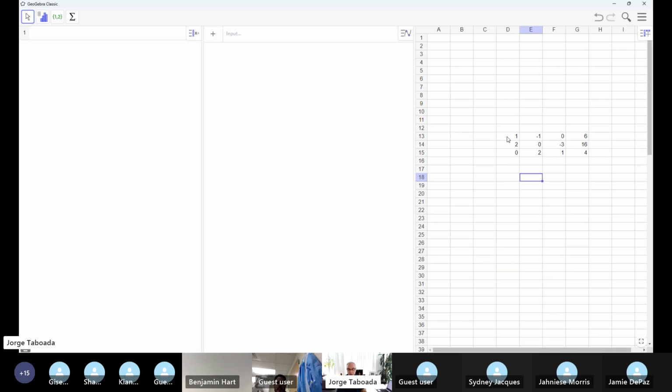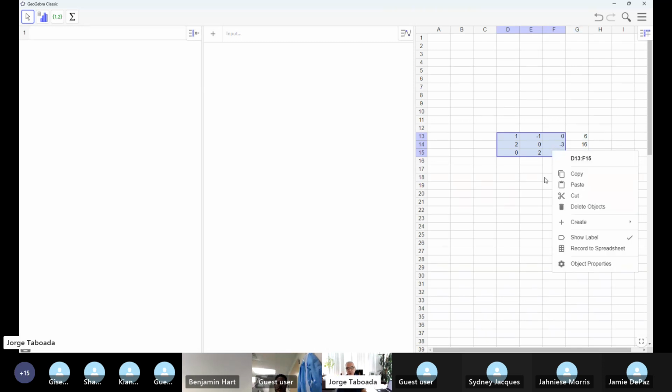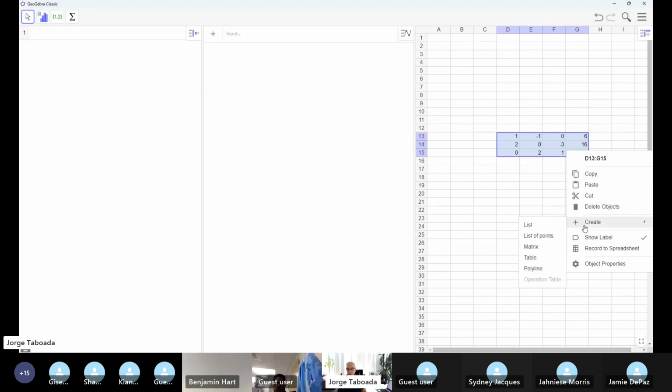Now, I have the array of numbers. I select it totally and press the right click of the mouse, open this pop-up menu, and you try to find Create Matrix.